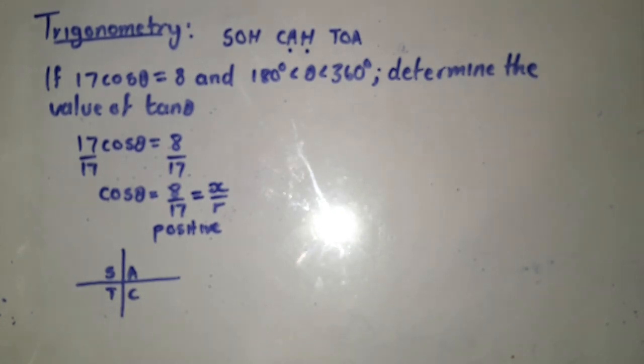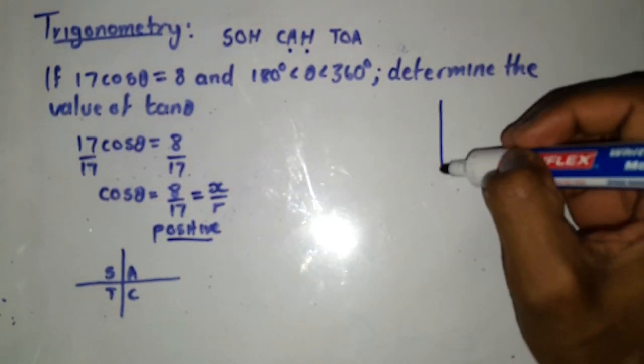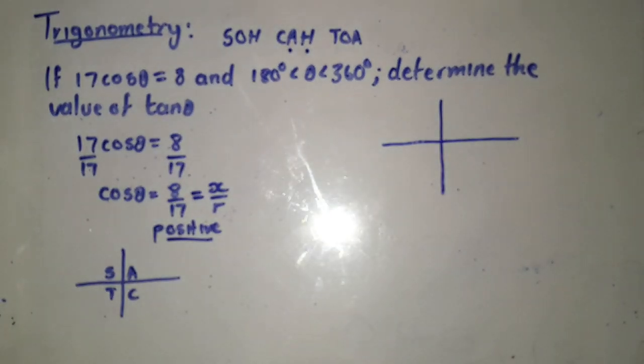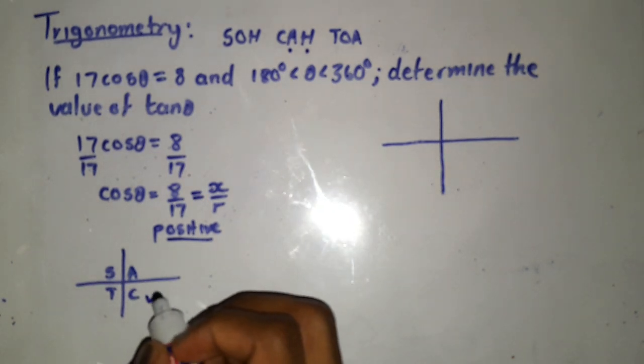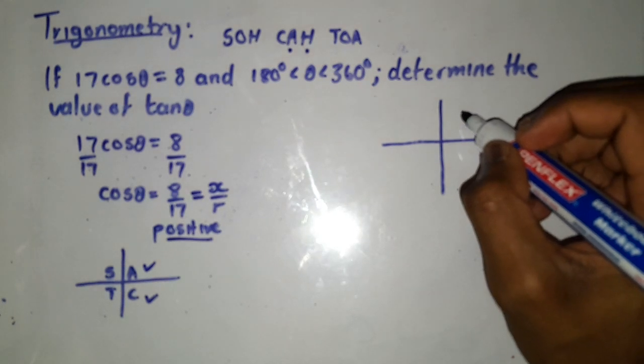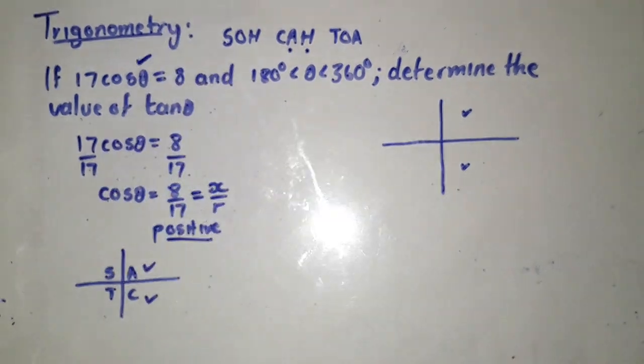We are going to use this Cartesian plane and tick where cos is positive, since we need to figure out the value of tan using the diagram. Cos is positive somewhere here and here: first and fourth quadrant.